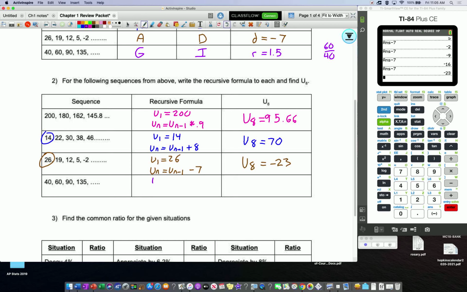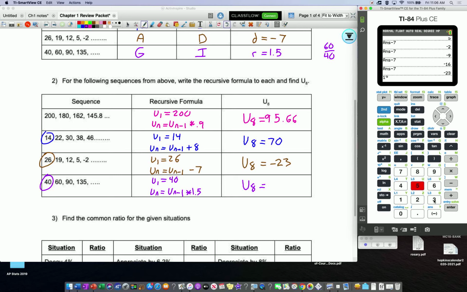All right, so the last one, my first term again was 40. So then I go u sub n equals u sub n minus 1. According to our rule, it's r, so it's a multiply by 1.5. Now I look at u sub 8. So what I was saying before is you could start with the 135, okay, since we already know the pattern, and I know that's the fourth term.